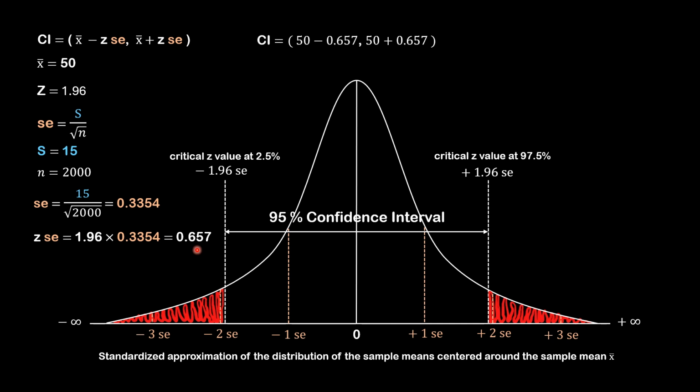Therefore, our confidence interval is equal to 50, the sample mean, minus this value, z times the standard error, comma, 50 plus 0.657, and that gives us a confidence interval of 49.34, comma, 50.657. That's how we calculate a confidence interval.